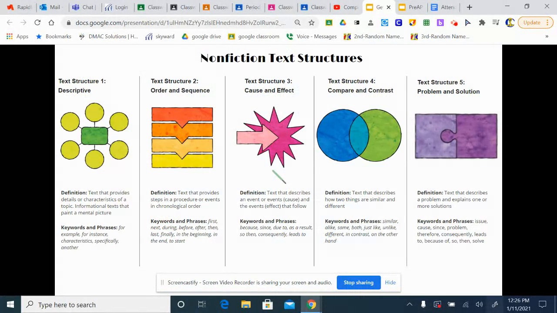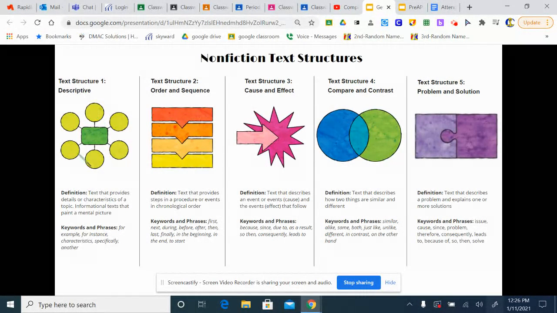Okay, so just a reminder of the nonfiction text structures we have been discussing since last week. Text structure 1, descriptive. Definition, text that provides details or characteristics of a topic. Informational text that paints a mental picture. So again, you have the main topic here in the middle.